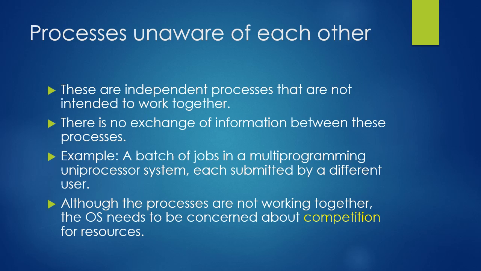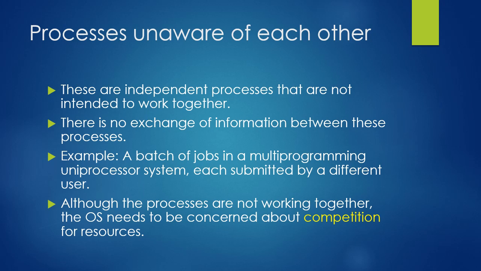Although the processes are not working together, the operating system needs to be concerned about competition for resources. For example, two independent applications may both want to access the same disk or file or printer. The OS must regulate these accesses.